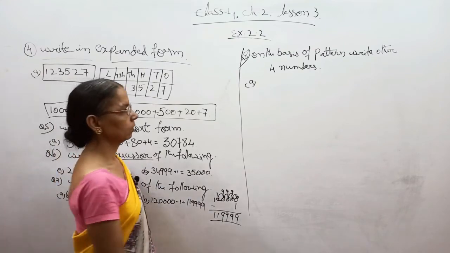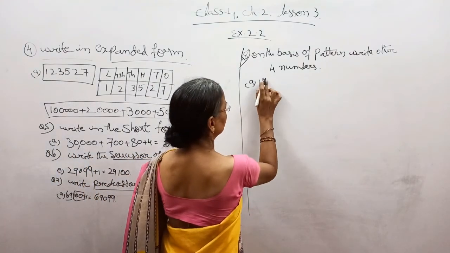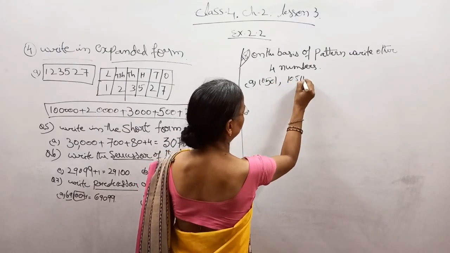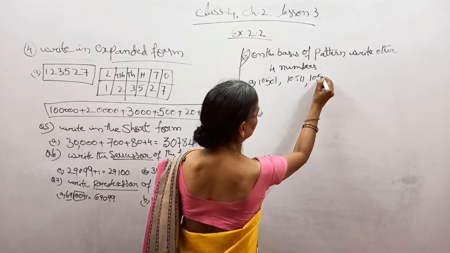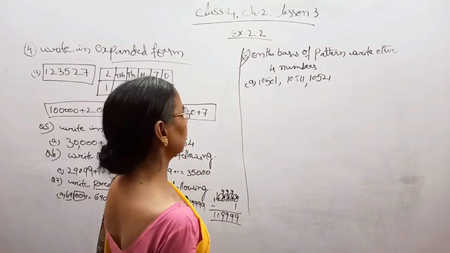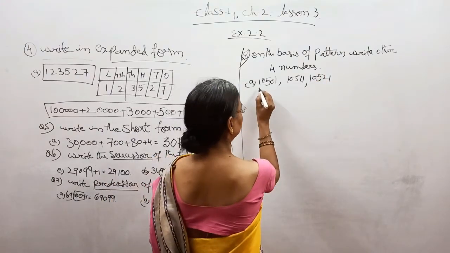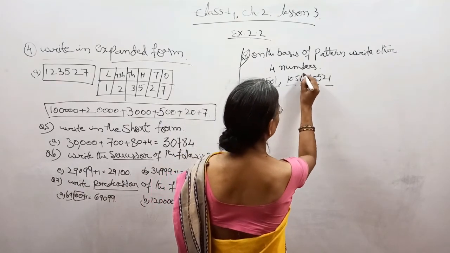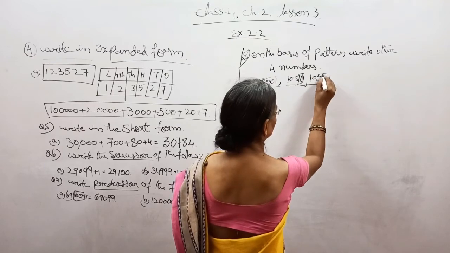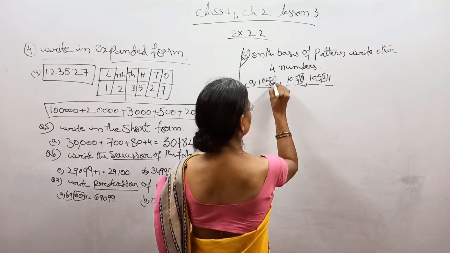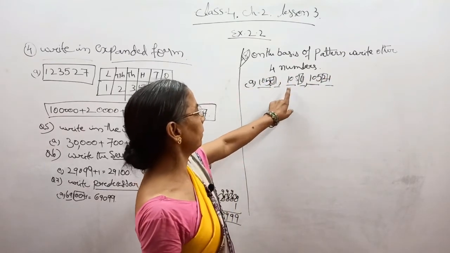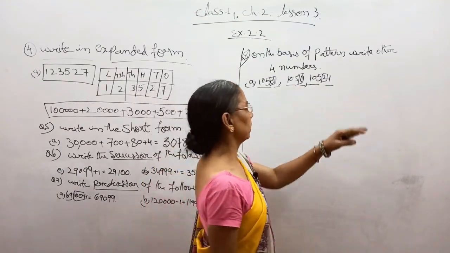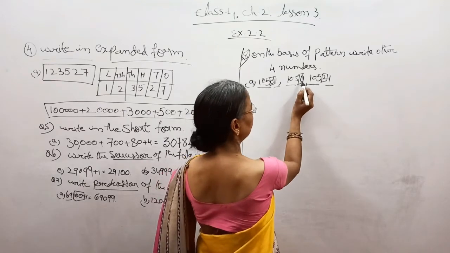10,501, 10,511, 10,521. Here all the numbers are the same except the tens place. In the tens place, the number changes by 1 each time, from 0 to 1, 1 to 2.